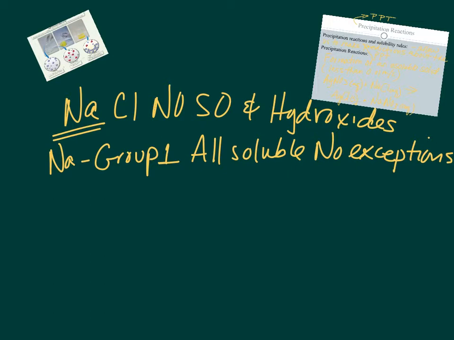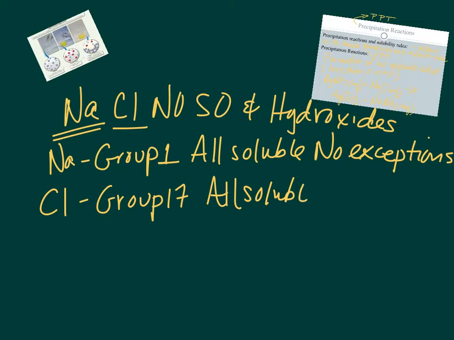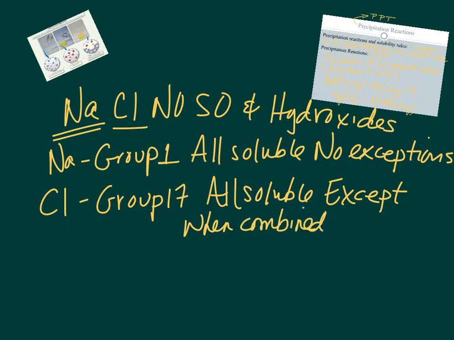The Cl comes from group 17, or the halogens, and they are all soluble except when combined with mercury, lead, or silver.